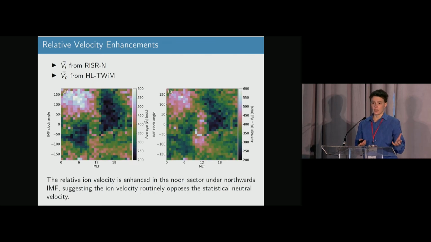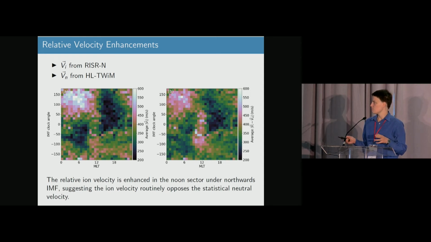And then we look at the velocity, because we know velocity is also an important indicator of heating. And here we have a very similar plot. This is the magnitude of the ion velocity. This is the magnitude of the relative ion velocity, so ion velocity minus the neutral velocity from the HL-TWIM model. And one thing I'd like to point out is, if the ion velocity and the neutral velocity are moving together, you expect each cell in this plot to be lower than each cell in this plot.